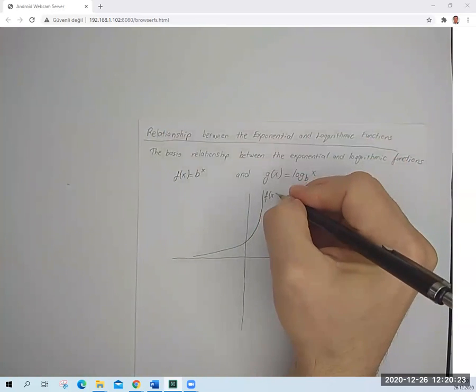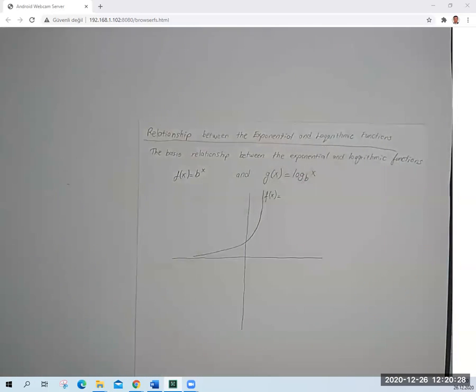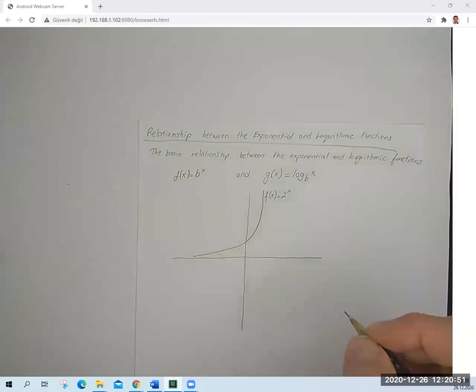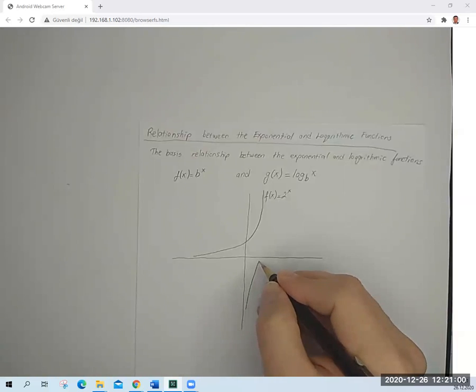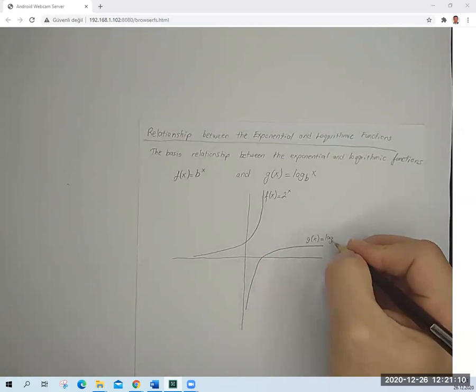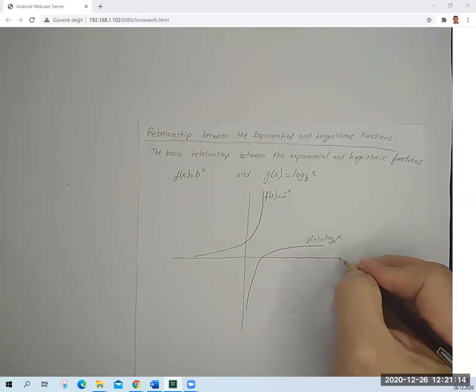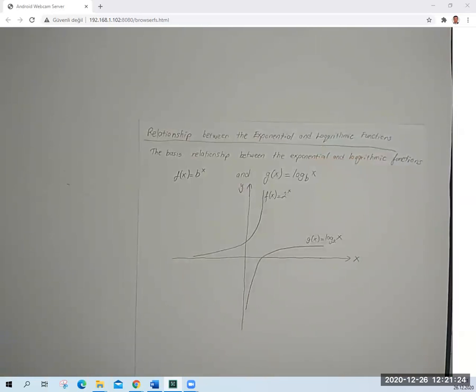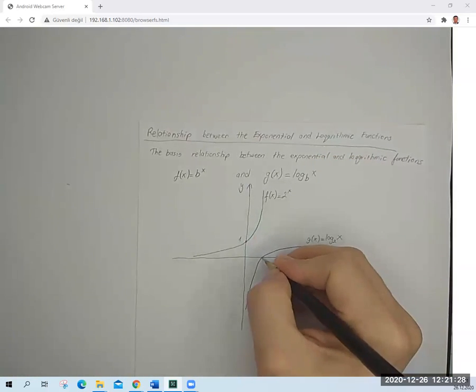So this is f of x as 2 to the power x function like that, and g of x is the logarithm base 2 of x, and here is the x axis and y axis. So 1 is here and 1 is here.